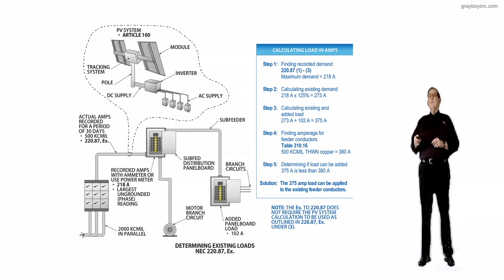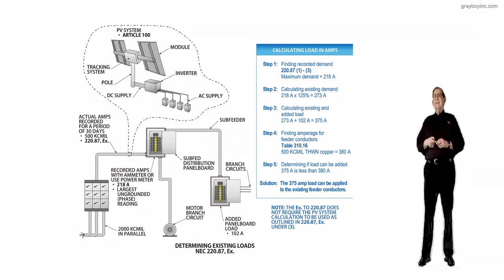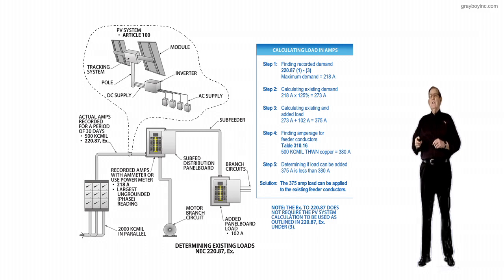We refer to the new Table 310.16, and 500 kcmil THWN copper is 380 amps, determining if this load of 375 could be added, and yes, it is less than 380 of the 500 kcmil that's in the feeder identification right to the left up there.